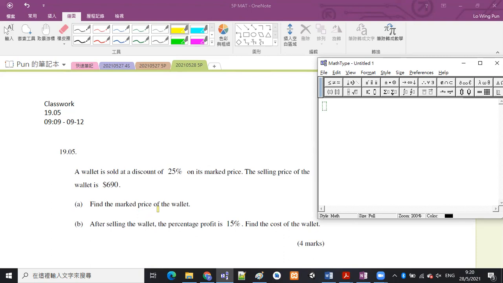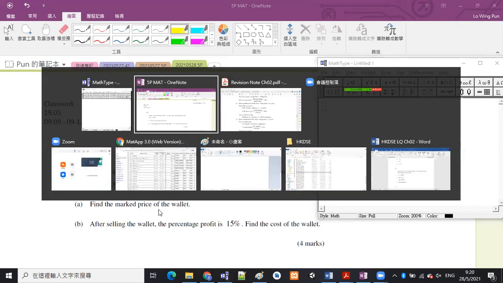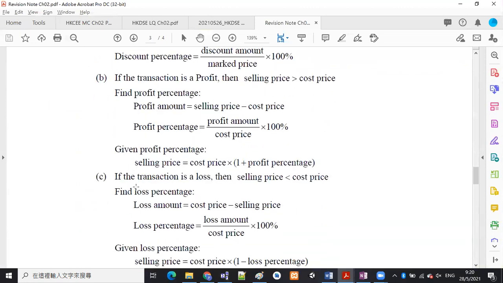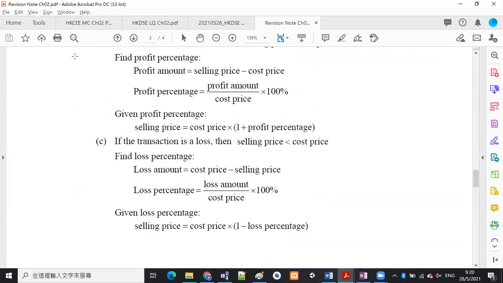Percentage profit. Yes. Now we know the percentage profit, and we search in our revision notes. Which line should we use to start? If it is given the percentage profit, then we should start with this line.